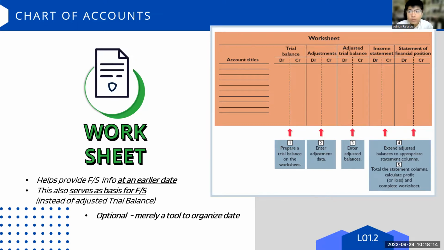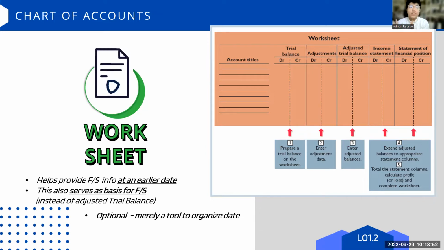So basically, the overview of the worksheet will be as follows. Number 1, we prepare a trial balance on the worksheet. So 2 columns will be allocated to our unadjusted trial balance, right? The second would be we enter our adjustment data. So again, the next 2 columns for adjustments will be allocated to our adjusting entries. So now that we have the unadjusted trial balance plus the adjusting entries, we can then create our third step, which would be our adjusted trial balance.